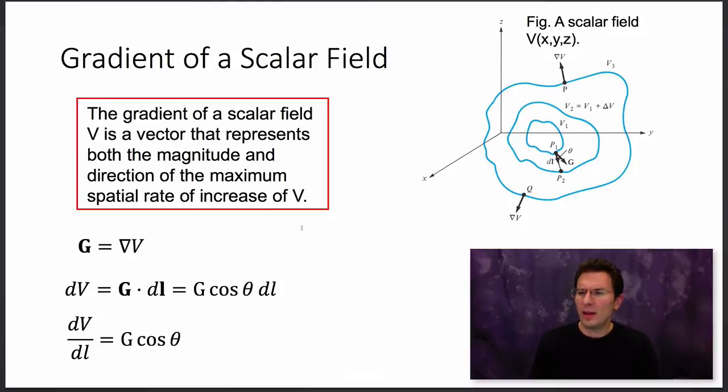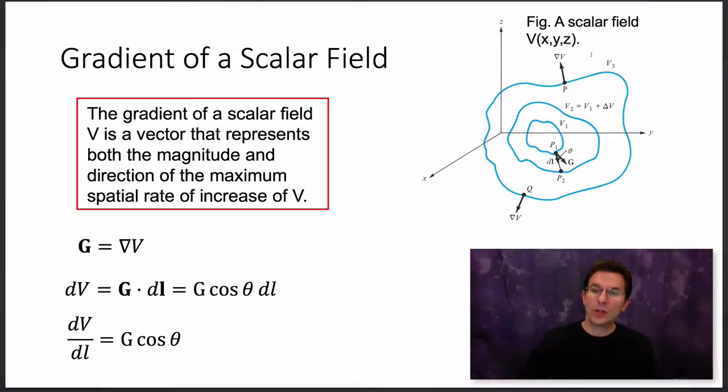Going underneath the mathematics here, what physically does the gradient of a scalar field tell you? If I have some scalar field here, V, which is a function of x, y, and z, in other words, a function of the 3 Cartesian coordinates, and if I take the gradient of that field, what am I getting?